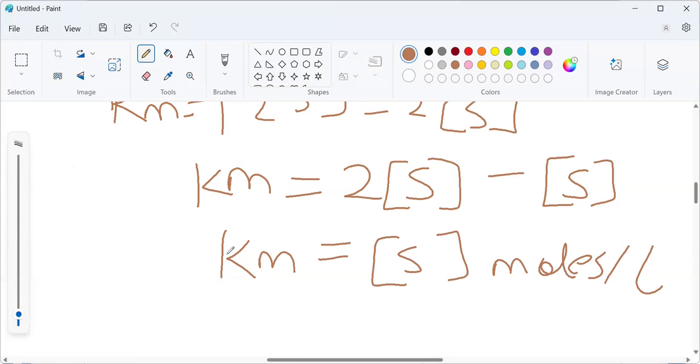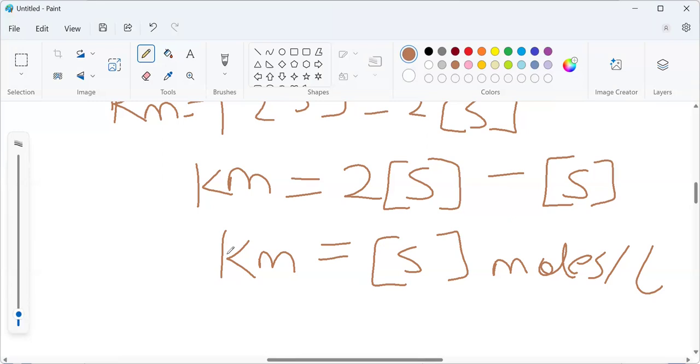So the Km value is a constant and a characteristic feature of any given enzyme. It is a measure of the strength of the enzyme substrate complex. A low Km value indicates a strong affinity between an enzyme and a substrate, whereas a high Km value reflects a weak affinity between them.